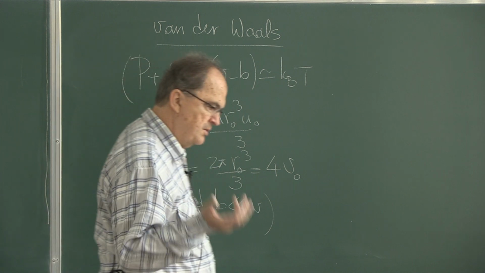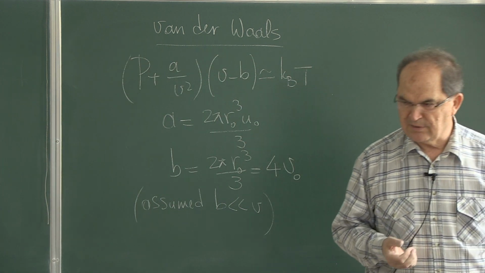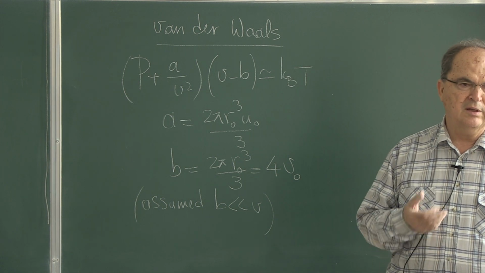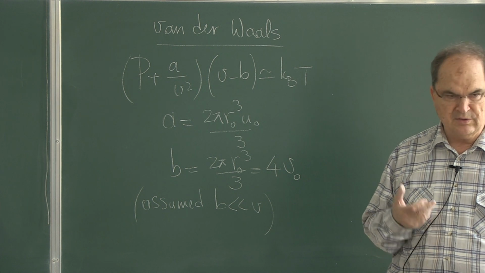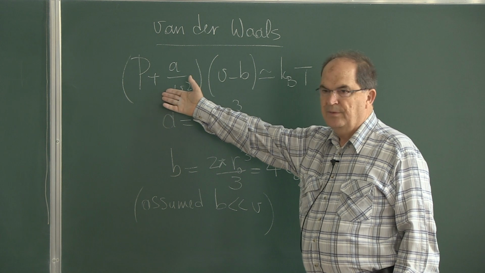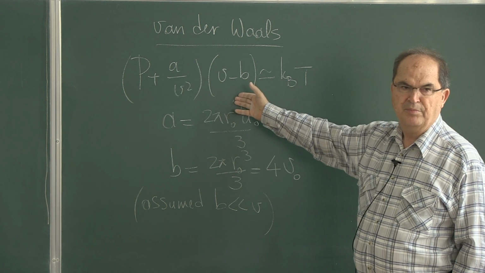So we have discovered one result of interaction between particles. We no longer have PV equals NkBT. That equation of state has changed. It has the effect of attraction between particles and repulsion between particles.